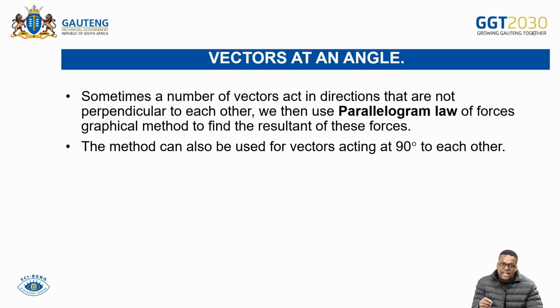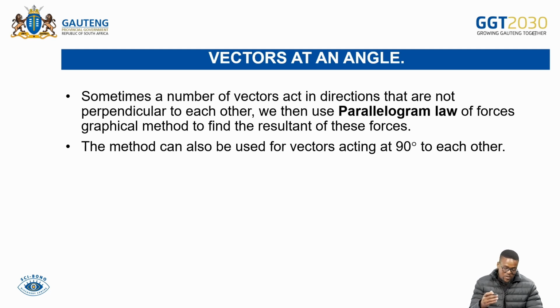So, vectors at an angle. Sometimes a number of vectors act in directions that are not perpendicular to each other. And then what do we do in this case? We use the parallelogram law of forces graphical method to find the resultant of these forces, right?